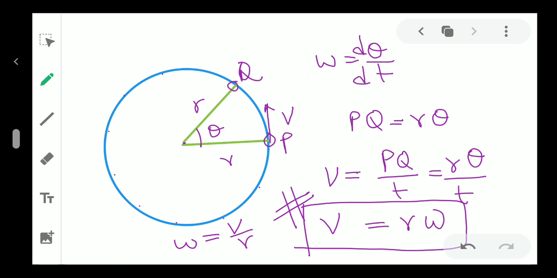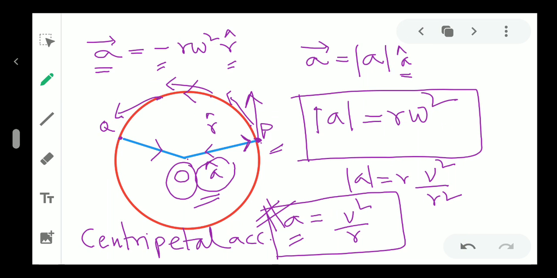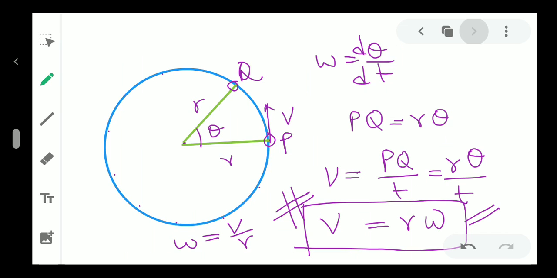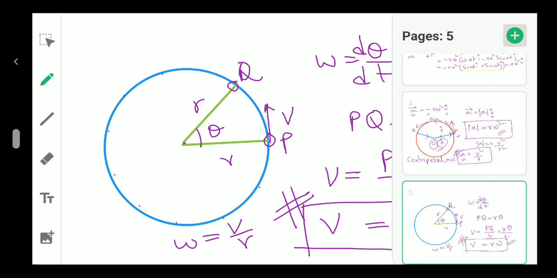So two relations are very important for today, that is V equal to R omega and A equal to R omega square. If you remember these two, then most of the math in this chapter we can do easily. And one more thing, what is omega? I will just make a gist of it.